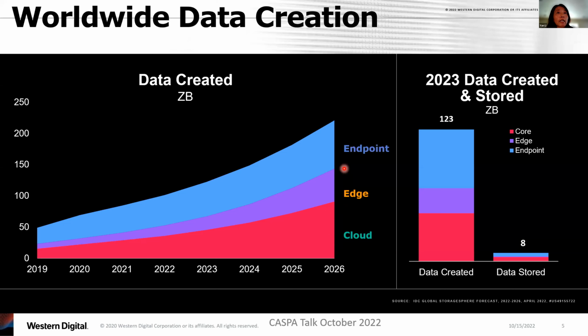Normally the edge and endpoint cost money. When you buy an iPhone, you don't want to pay a lot of money for 256 gigabytes or 1 terabyte of storage, because how much you pay for an iPhone absolutely depends on the flash memory inside, how big the capacity is.